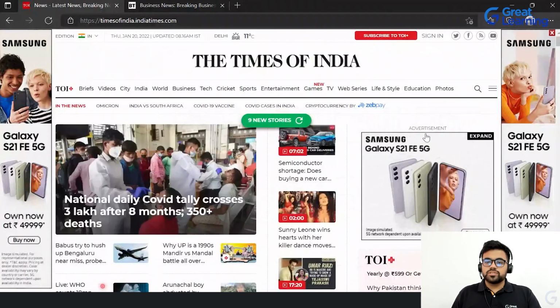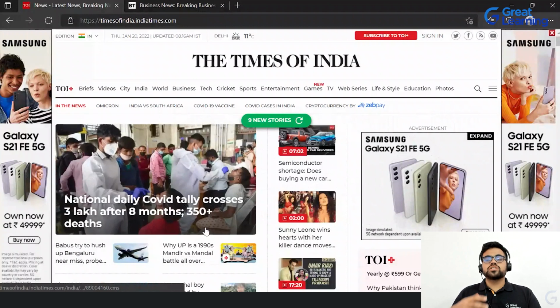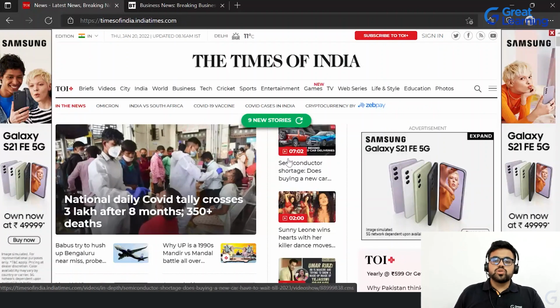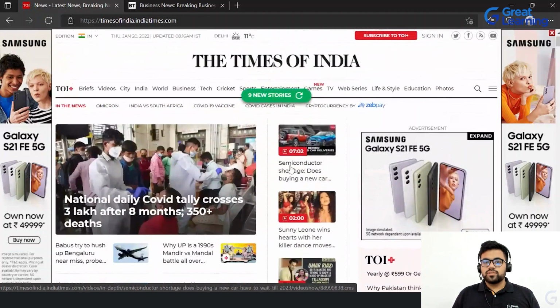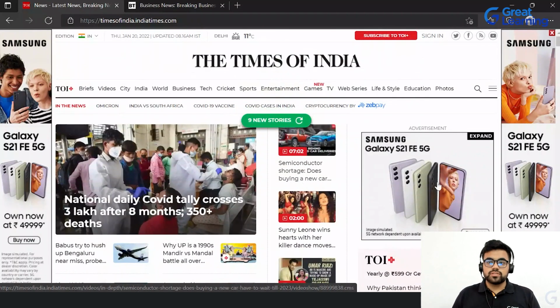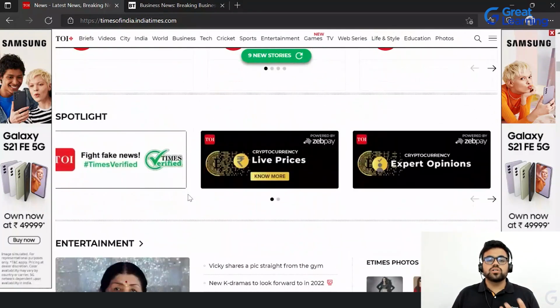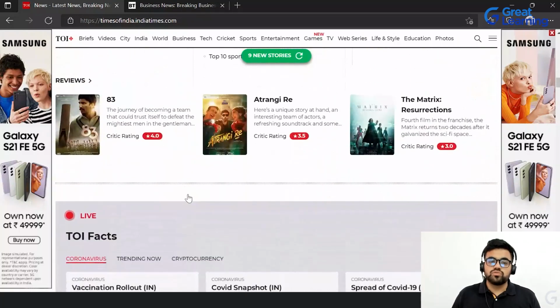It is written advertisement. Now I have searched about buying a phone online recently. So this particular website shows me ads that are related to my search habits, like the Samsung S21 FE 5G phone. Now it's telling me what I should buy, is this a good phone or not?